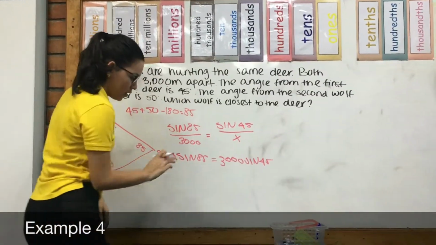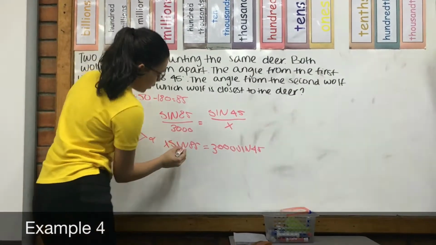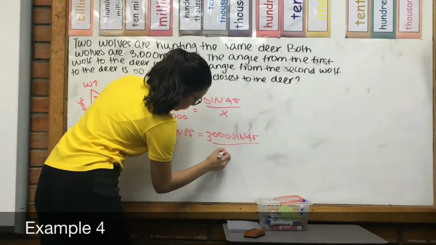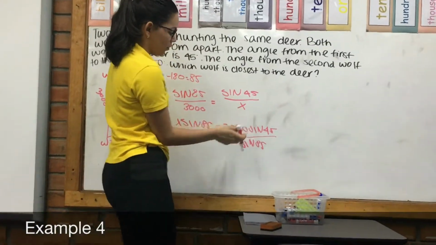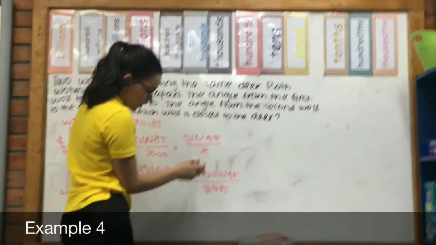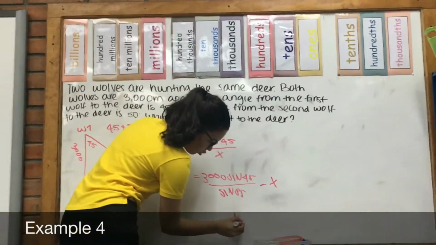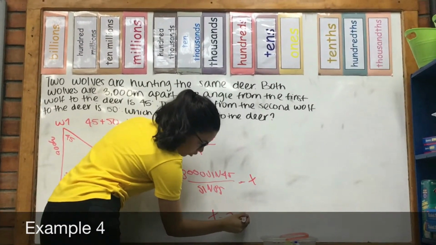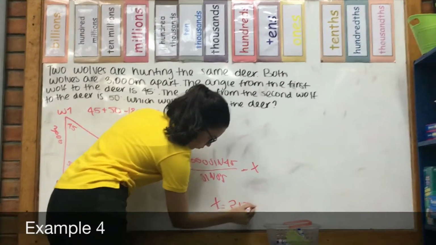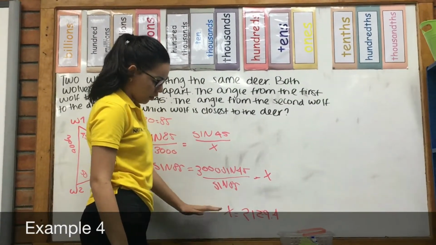We treat x as a number, so we move the sine of 85 to the other side. So now we have that 3,000 sine of 45 divided by the sine of 85 equals x. So x equals 2,129.4. We plug all this in the calculator and this is our answer.